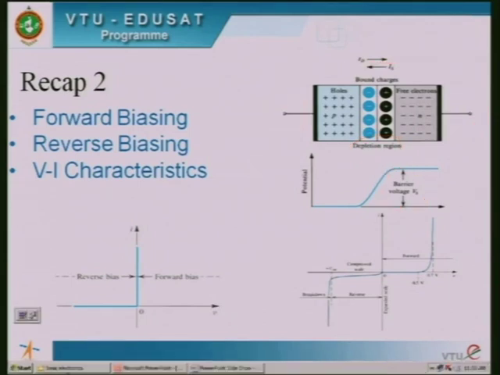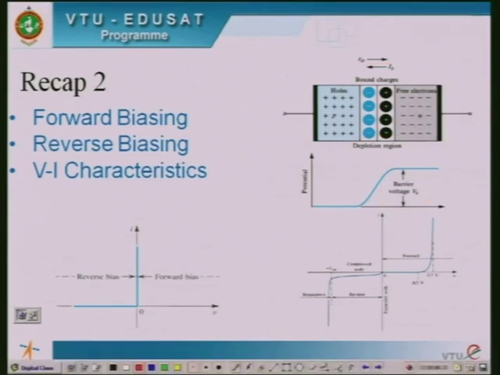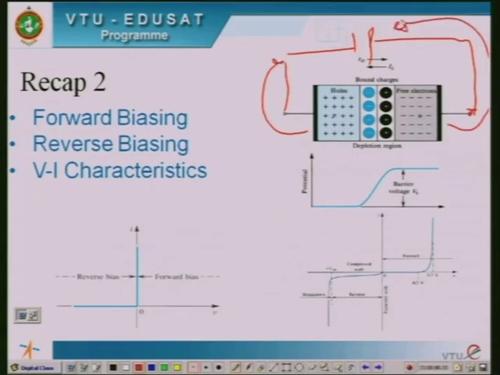We also discussed reverse biasing. In reverse biasing, the anode is connected to the negative terminal of the battery, whereas the cathode is connected to the positive terminal. The holes from the P region will be attracted to the negative terminal. Similarly, the electrons will be attracted towards the positive terminal of the battery.